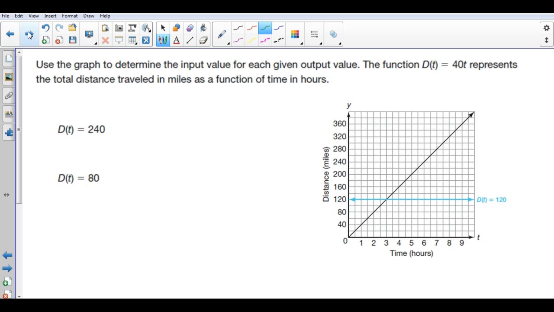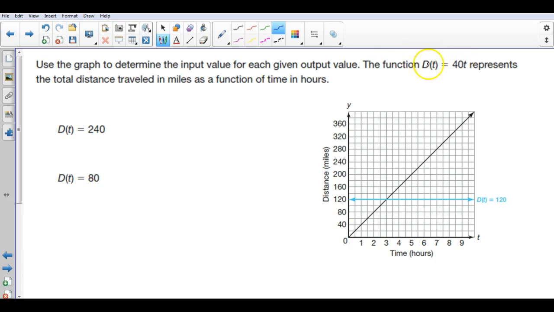And then the last ones. What we're going to do is use a graph now to determine what the input value is, and I'm giving you the output. So we're working backwards from the ones that we just did, and we're going to use a graph to help us with this. So it says the function d of t equals 40t represents the total distance traveled in miles as a function of time in hours.